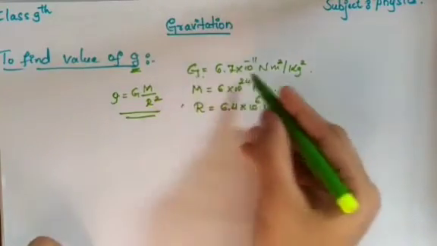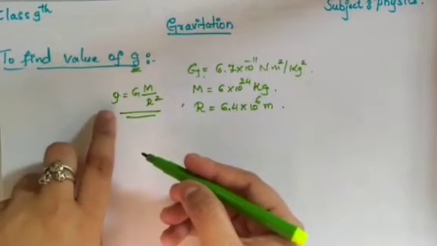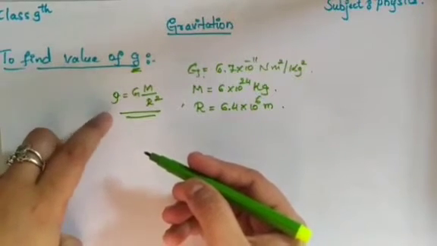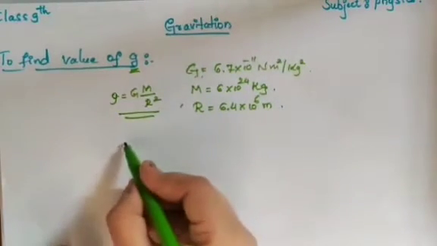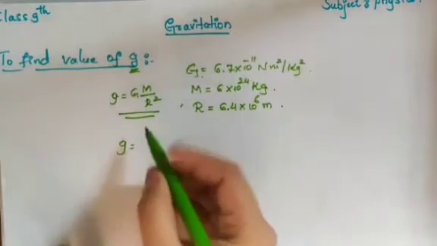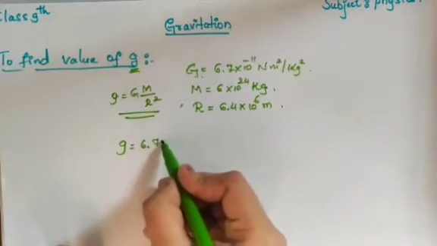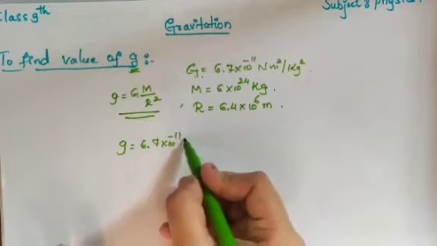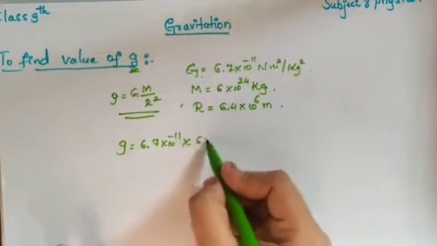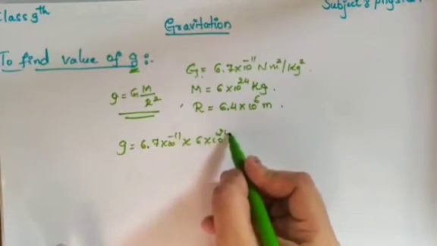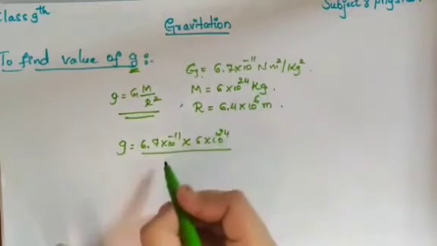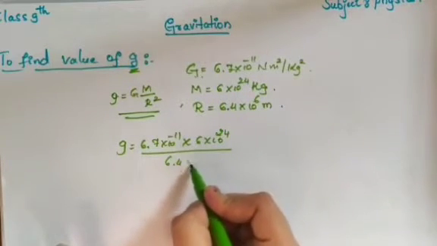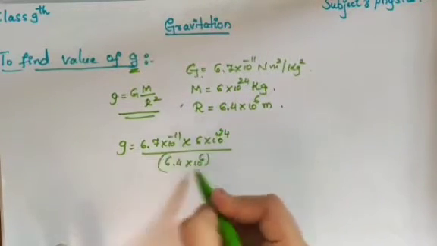By using all these terms, we can find the value of g. Let me substitute it. g equals capital G, 6.7 into 10 to the power minus 11, into mass of the earth, 6 into 10 to the power 24, divided by radius of the earth, 6.4 into 10 to the power 6, whole square.